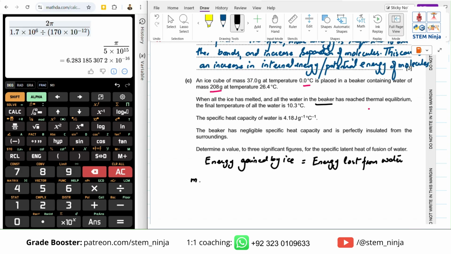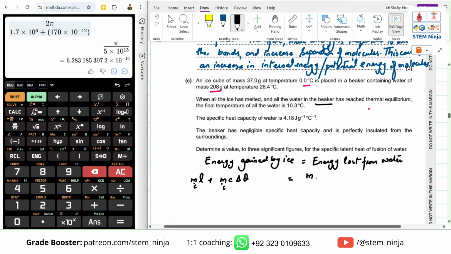One is the latent heat, let's call it mL for ice, plus the mc delta theta for ice. And the energy lost from the water is also mc delta theta, but this is for water.